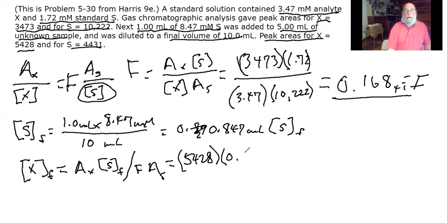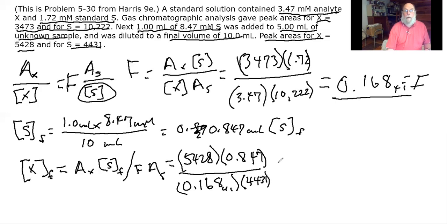And S final is 0.847 millimolar divided by F, 0.16841, times the area of the standard, and that is 4431. And that turns out to be 6.16 millimolar.